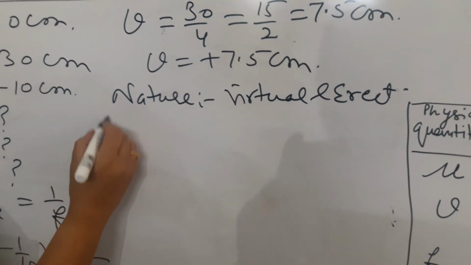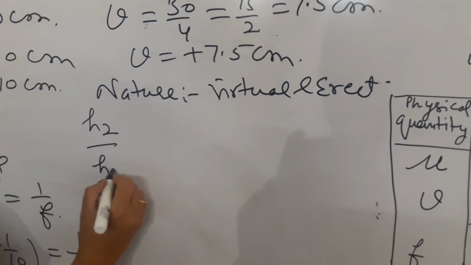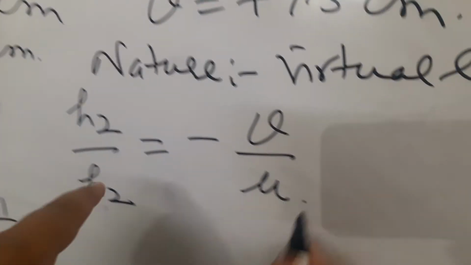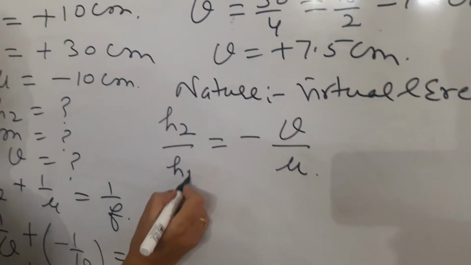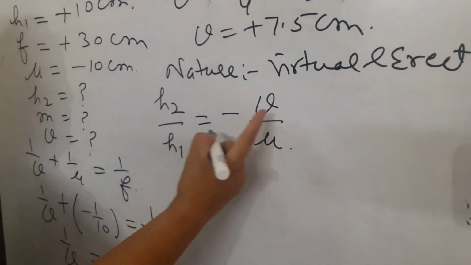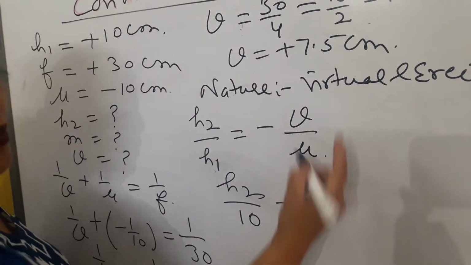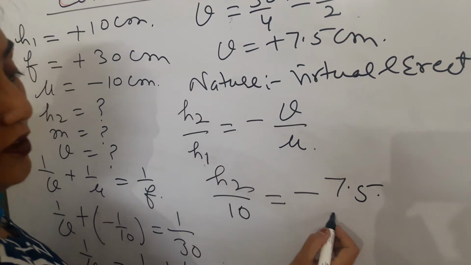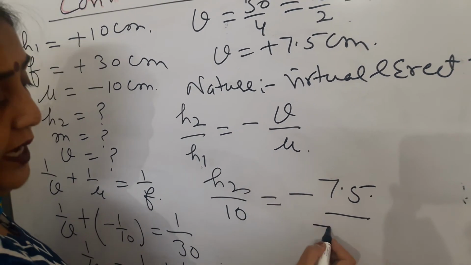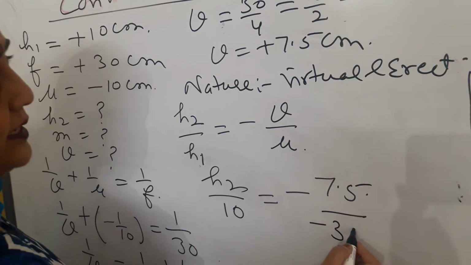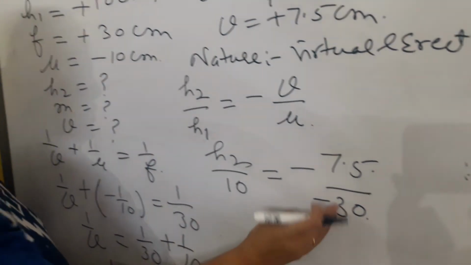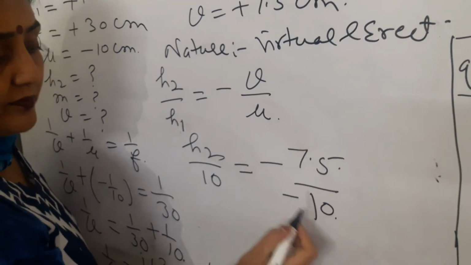Now we will find out height of image. h2 upon h1 is equal to minus v upon u. Minus v is 7.5. This minus sign is of the formula. And u is minus 10.